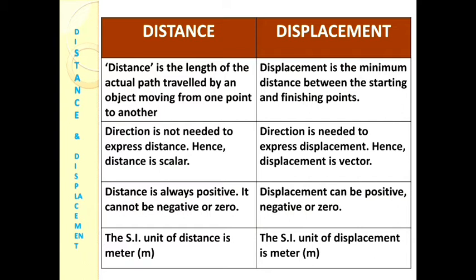Distance is the actual length of a path traveled by an object when moving from one point to another point. But displacement is the minimum distance between starting and finishing point.